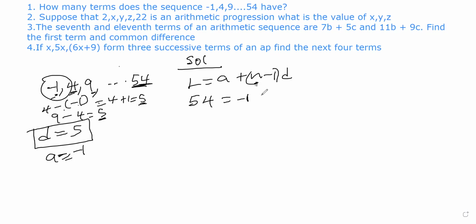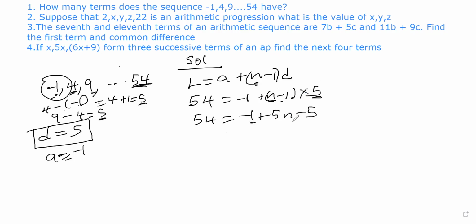So this is -1 plus (n minus 1), then D, our common difference, is 5. We are looking for n, the number of terms. So we have 54 equals -1 plus (n minus 1) times 5. Opening the bracket, I have 5n minus 5.